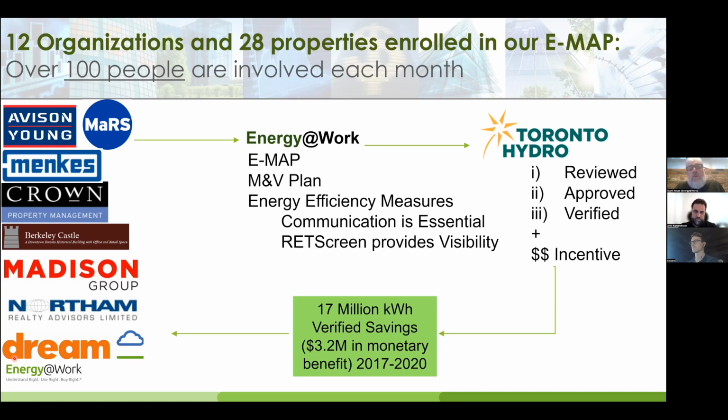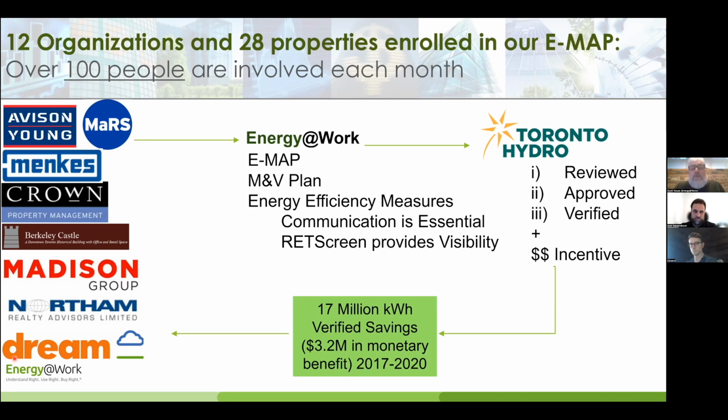In this case, we worked with Toronto Hydro, which is a utility, probably one of the larger utilities in Ontario. And they service the Greater Toronto area. And what they did is they reviewed our energy management action plan, our measurement and verification plan. They approved it. And then they went on to verify any of the measures that we identified.